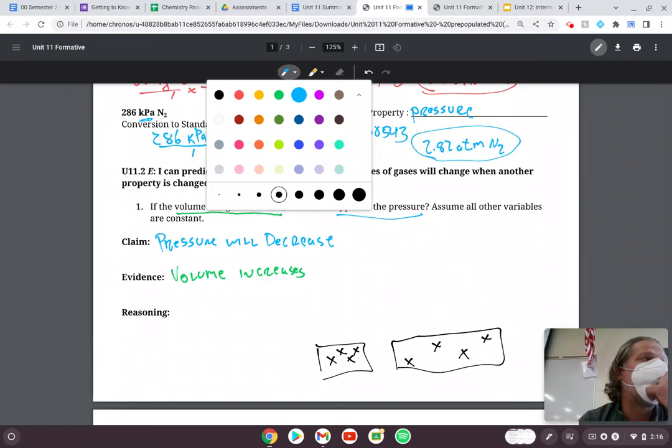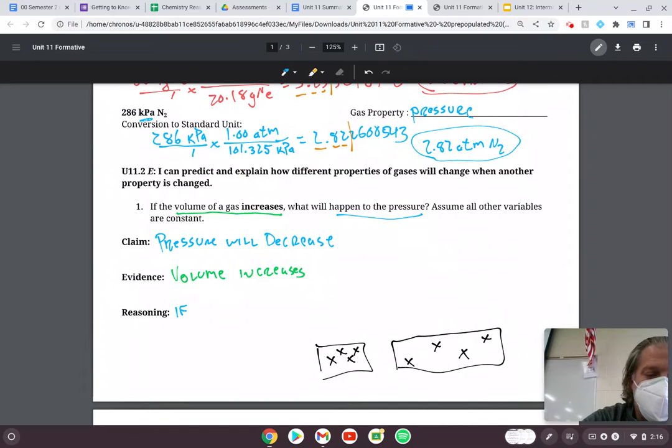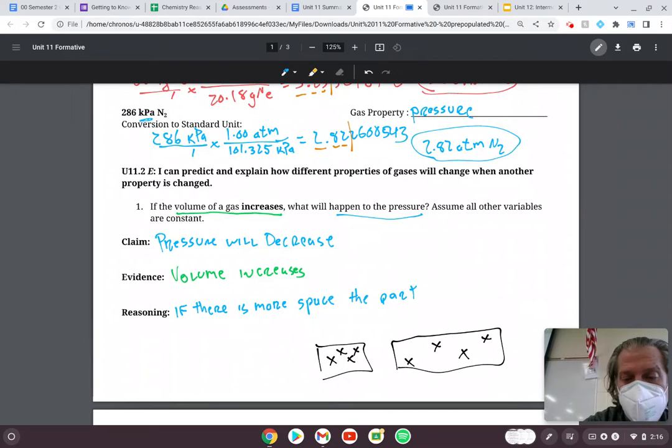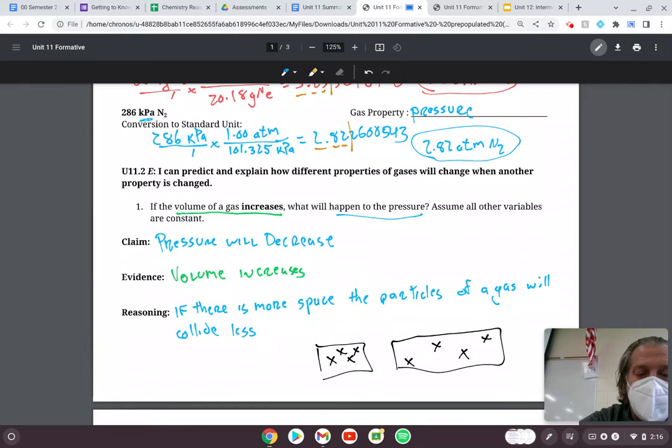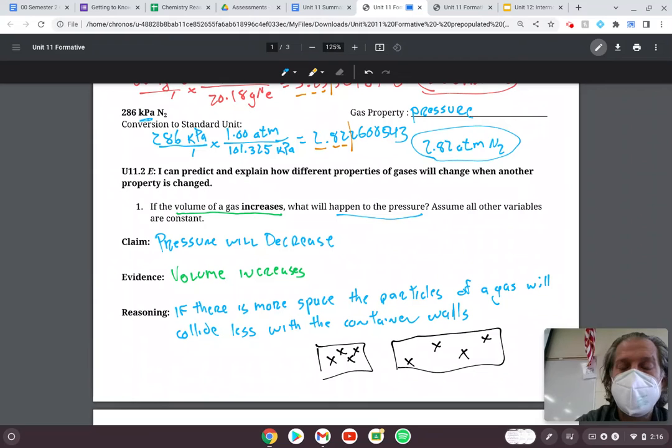And in this case, what we could say is that if there's more space, the particles of a gas will collide less with the container walls, decreasing the pressure.